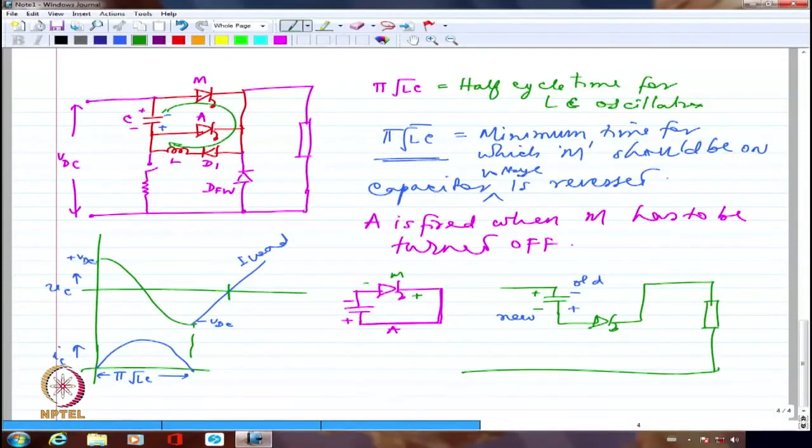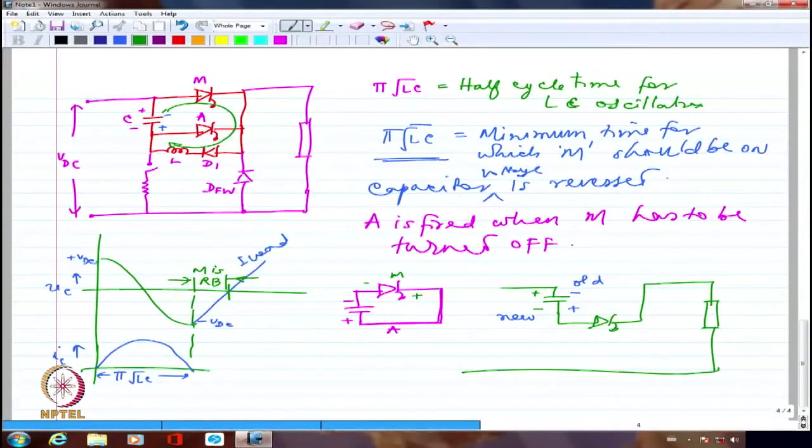So only from this point until this point, M is reverse biased. After that, M will not be reverse biased anymore, because it will have a very nice conducive voltage with anode being positive and cathode being negative. So this time has to be greater than the turn off time or the recombination time that is required by the device.